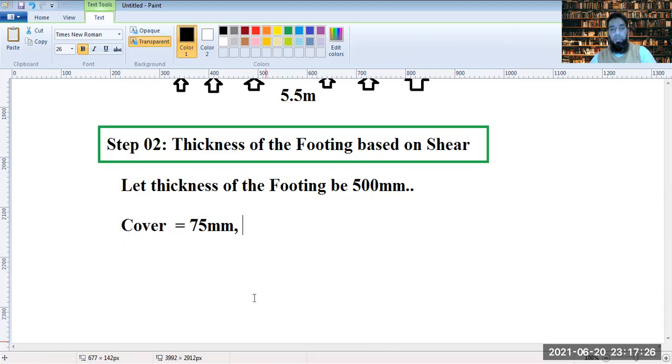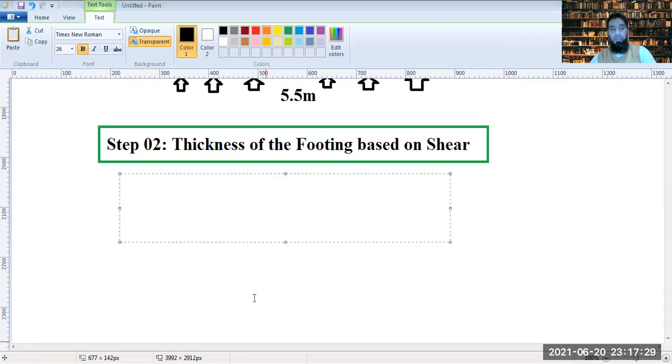Let me show you the code which is meant for this.